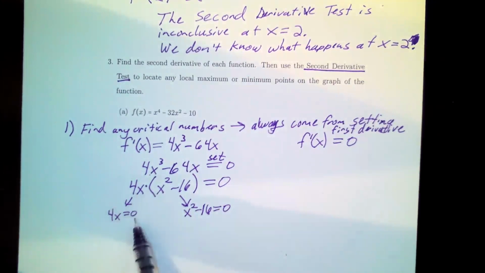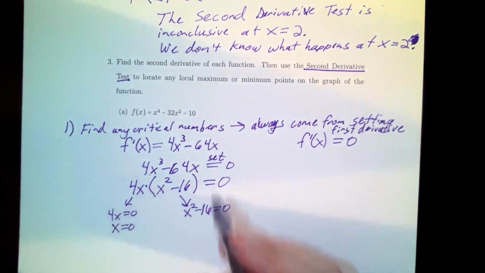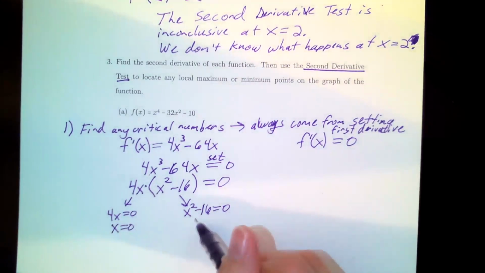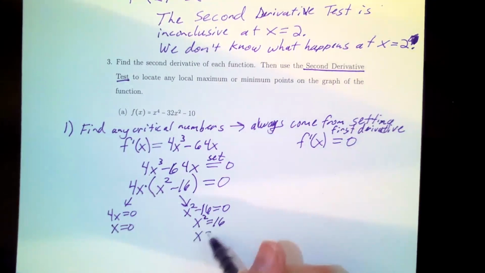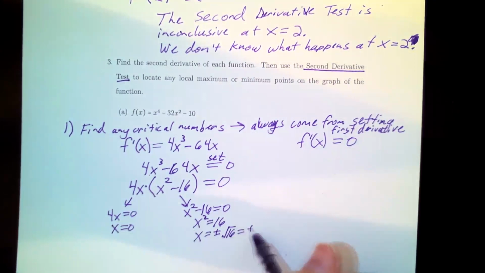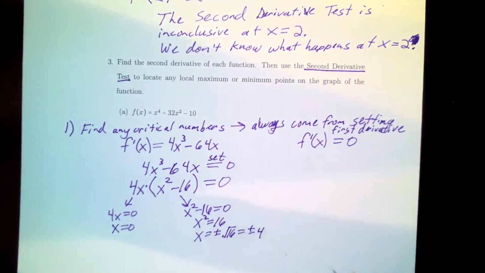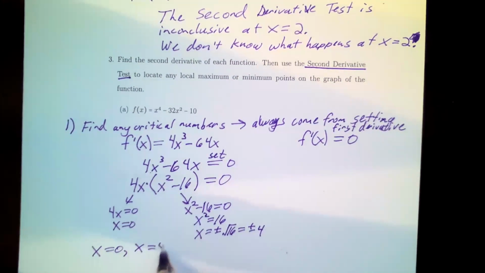If you have 4x equal to 0, you divide both sides by 4, you have x equals 0. If you solve this one, you add over the 16, you have x squared equal to 16, square root both sides, don't forget your plus or minus. We would have plus or minus the square root of 16, which is plus or minus 4. So I have 3 critical numbers here: x equals 0, x equals 4, and x equals -4.